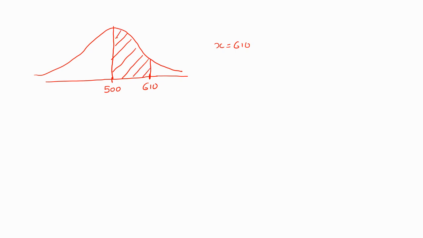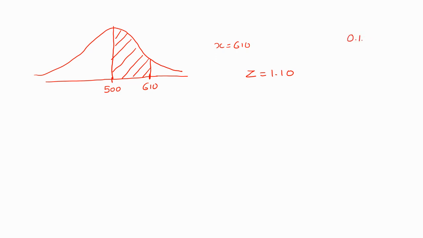Now how will this area be given? For finding the value of this area, you need to make use of z equal to 1.10, which we have calculated. Either this value will be directly given, or you need to check it from the table. Now, how to check this from the table?